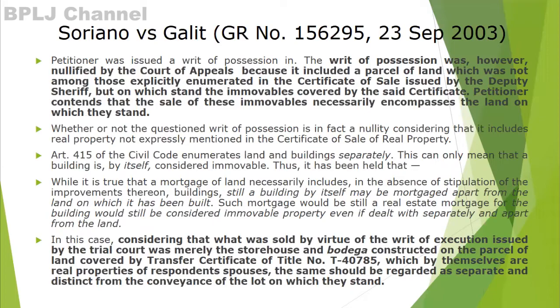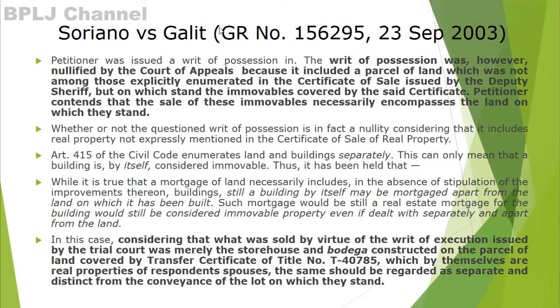In this case, the writ of possession was nullified by the Court of Appeals because it included a parcel of land which was not among those enumerated in the certificate of sale issued by the sheriff, but on which stand the immovables covered by the said certificate. So the petitioner contended that the sale of these immovables necessarily encompasses the land on which they stand.